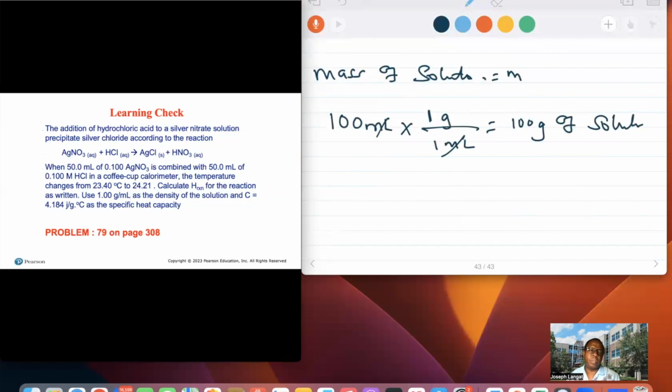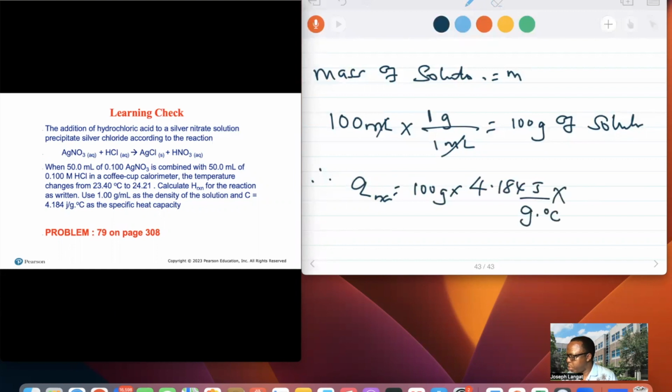Therefore, Q for the reaction is 100 grams times 4.184 joules per gram per degree Celsius times 0.81 degrees Celsius.